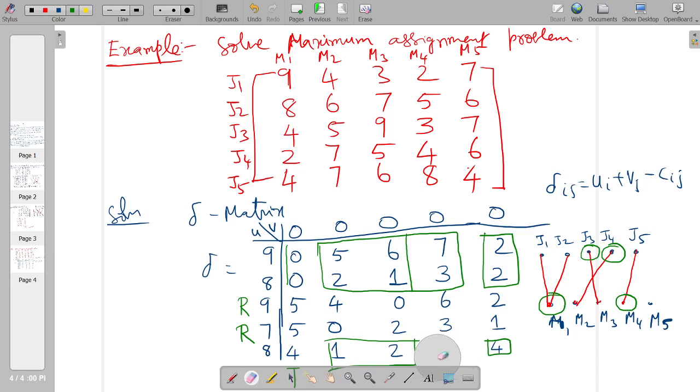0 will be here. So I'll have 0 here. Similarly, I have to erase this, and I have 7 3.